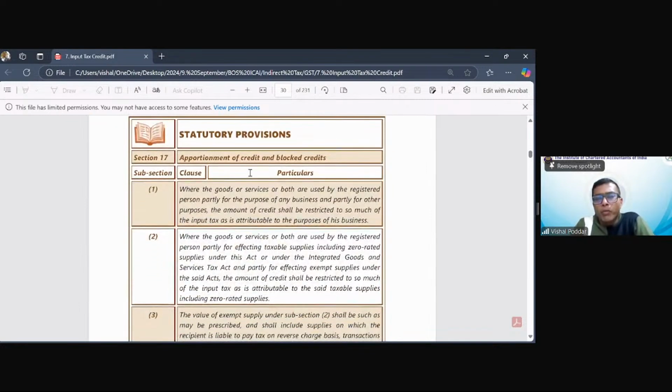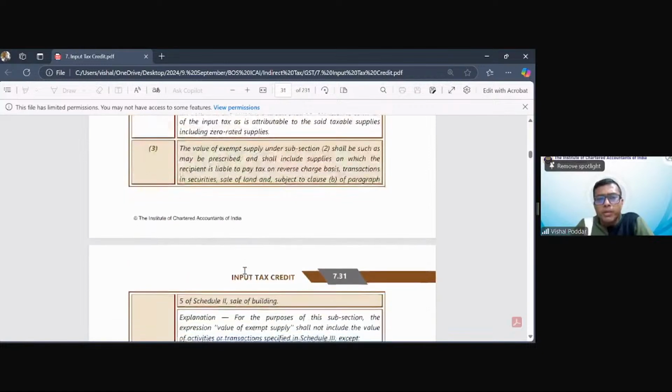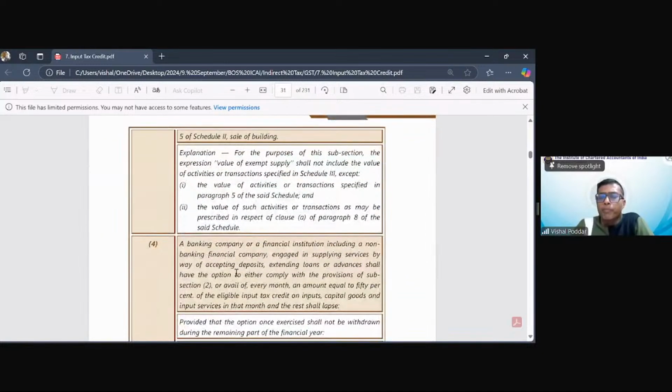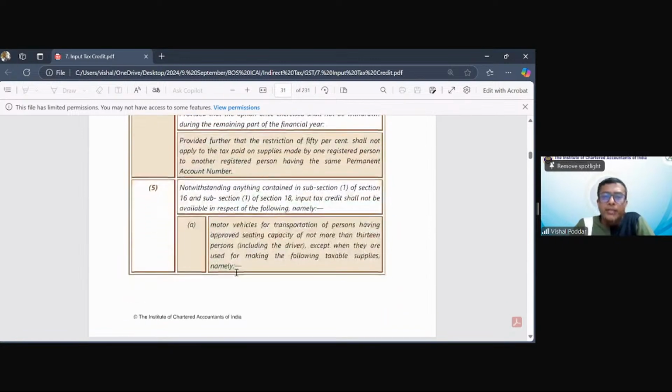Now let me give you an overview of 17, 17.1, 17.2, 17.3 and 17.4. These first four subsections give you ITC proportionately. Why proportionate? That we will discuss. And 17.5 says we will not give you ITC at all.